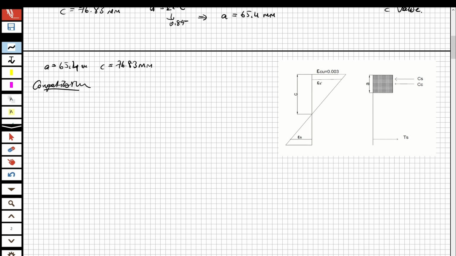For example, for this one, epsilon S prime over this length, if you remember from the similarity of the triangles, epsilon S prime over this length, and epsilon Cu over this length. So let's write it: epsilon S prime over this length.